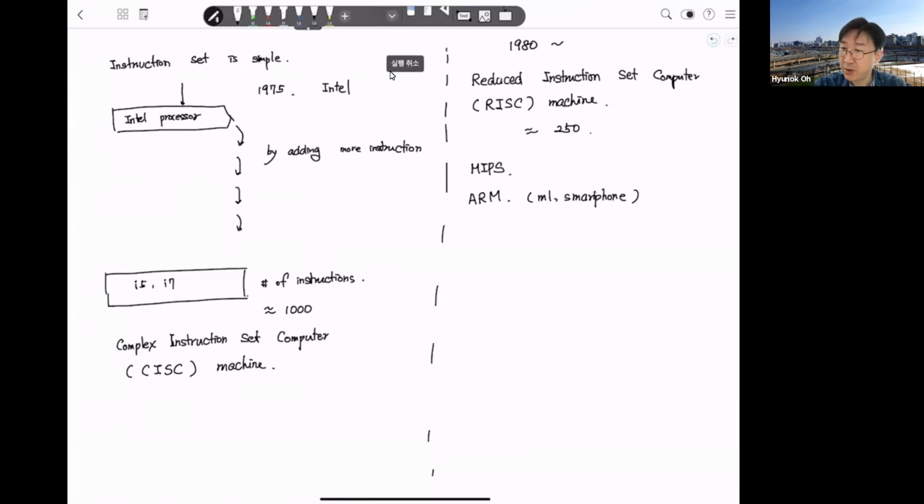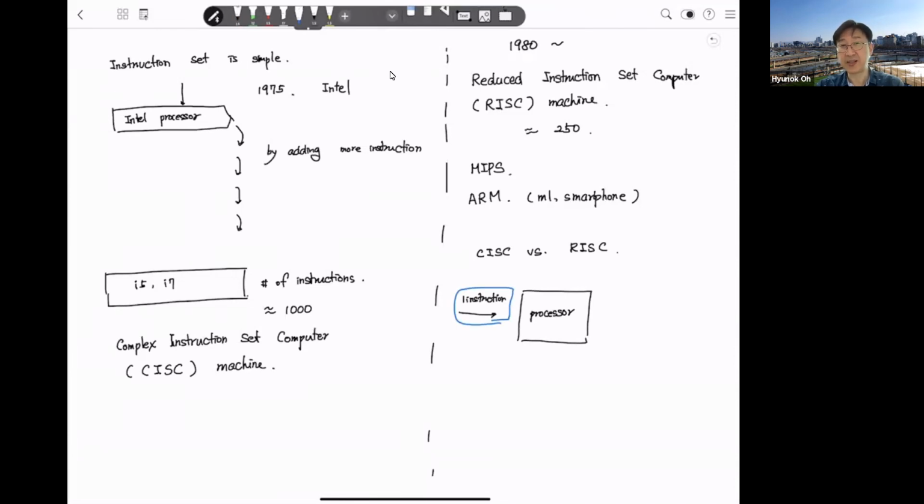So at least if we are comparing CISC and RISC, in the CISC case, there are so many instructions, and in the RISC case the number of instructions is small, which means that after we get one instruction, which is provided to the processor, then the processor has to analyze what this instruction is. Okay, we need analysis. In the CISC case, this analysis takes a lot of time compared with the RISC machine.